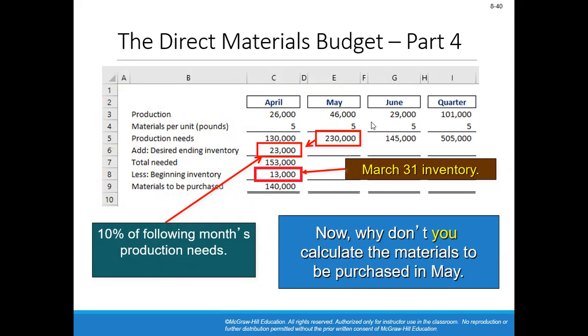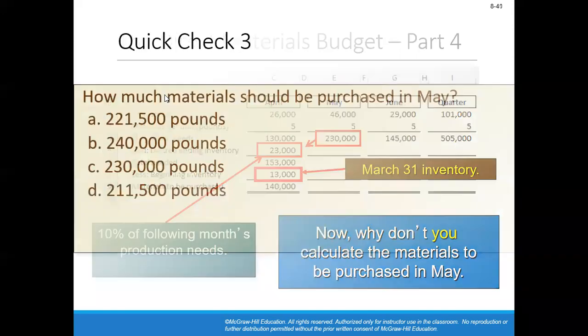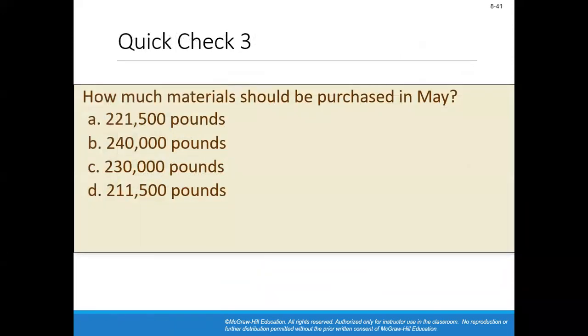Is it for May? Okay, so you can calculate in this way. Let's proceed. How much materials should you purchase in May? You already have given me the answer. Let me check your answer. You said the same number, 221,500, which is this answer. Yeah, you have done it correctly.